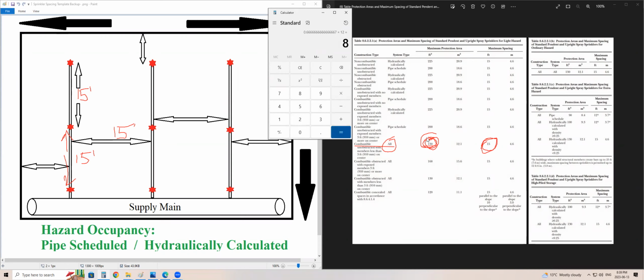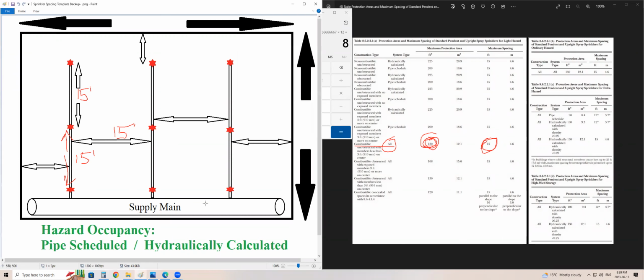If I want to maintain 130 square feet and I'm going to max out one side at 15 feet, then if I go 15 feet between heads along the branch line, between branch lines I can only install my heads every 8 foot 8 inches. And that is going to be the same rule all the way across.